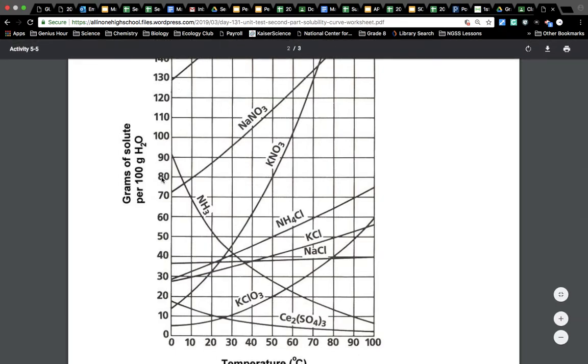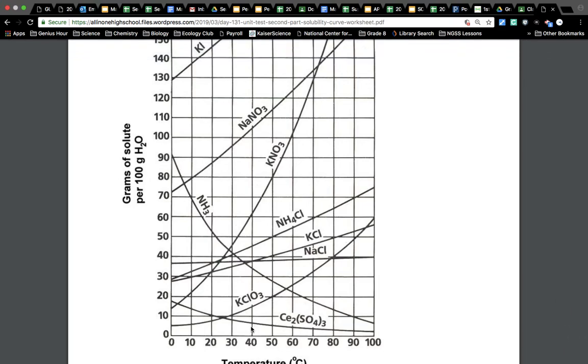Well, this looks like it's increasing, this increases, increases. This one, cesium sulfate, I think is what that one is. That one shows a very rough trend, but also a downward trend of decreasing solubility with increasing temperature as well.